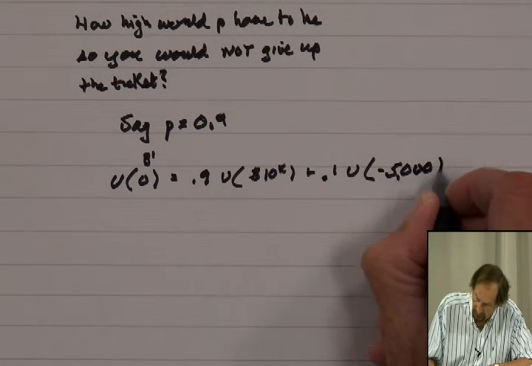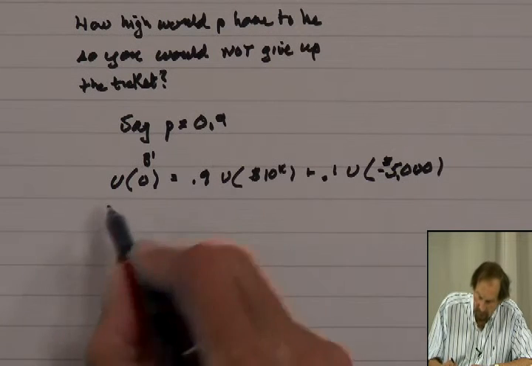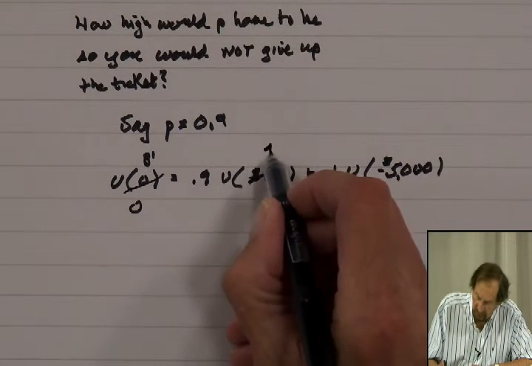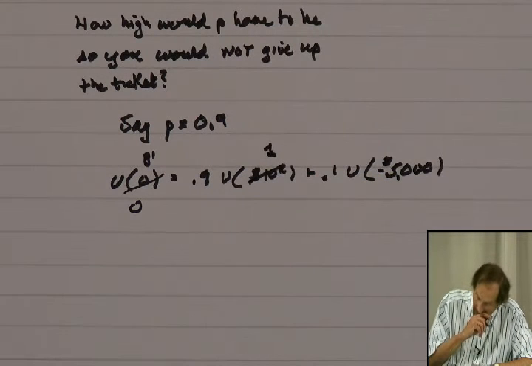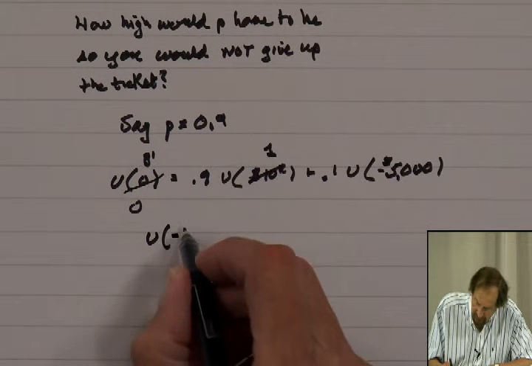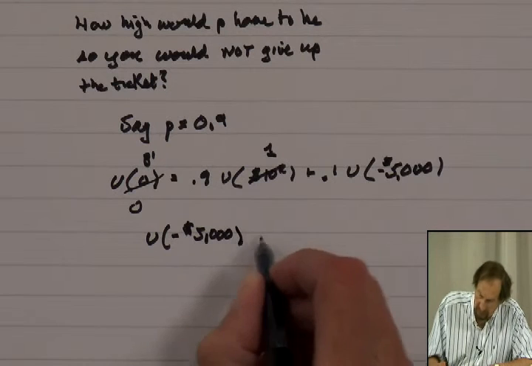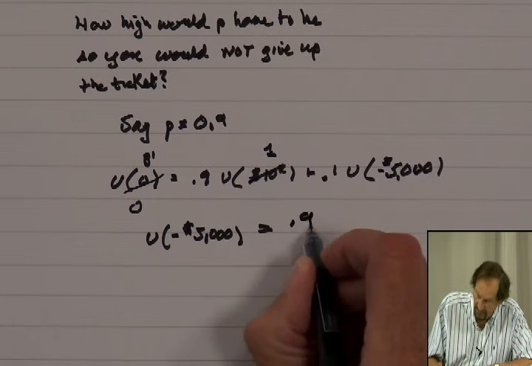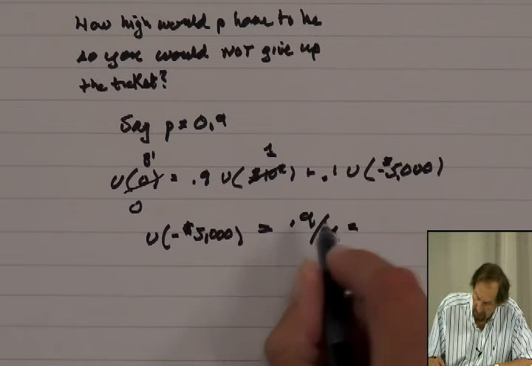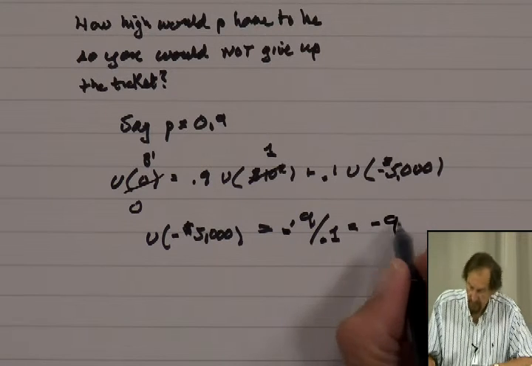Okay, and that's what we're looking for. So let's solve this. We know U of 0 equals 0. U of 10K equals 1. So what do we get? We get that U of minus 5,000 is equal to minus 0.9 over 0.1, which equals minus 9.